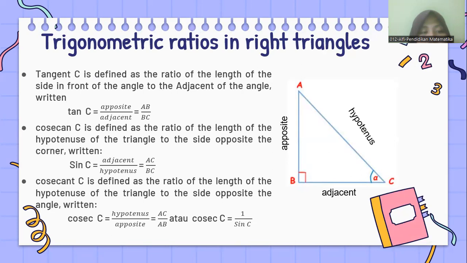Next, tangent C is defined as the ratio of the length of the side in front of the angle to the adjacent side of the angle.